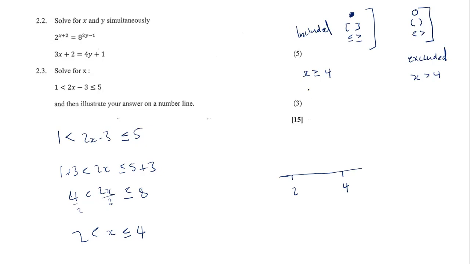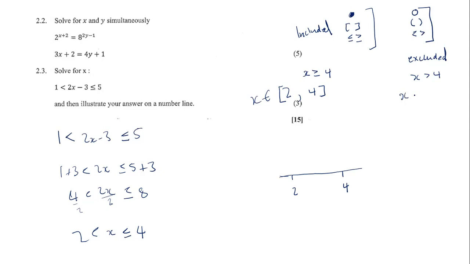So when I say 4 with a square bracket, and on this side I say 2 with a square bracket, and I say x is an element of this set, what do I mean? I say x is between 2 and 4, and I use square brackets to show that 2 is included, and 4 is also included.